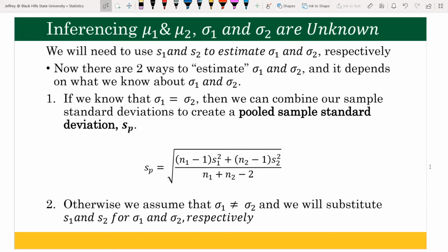Outside this class, I've seen this in other textbooks where you basically divide S1 over S2 and figure out if one of these numbers is at least twice the size of the other. So if when you divide these you end up with a number between 1/2 and 2, in other words one of the numbers is not twice as large as the other, this basically means that we would pool them.